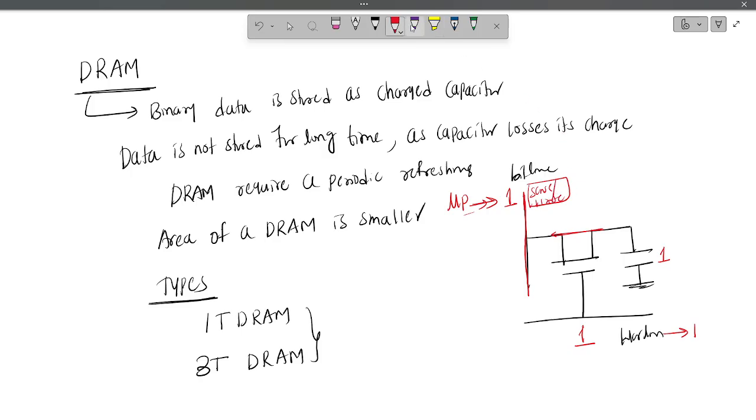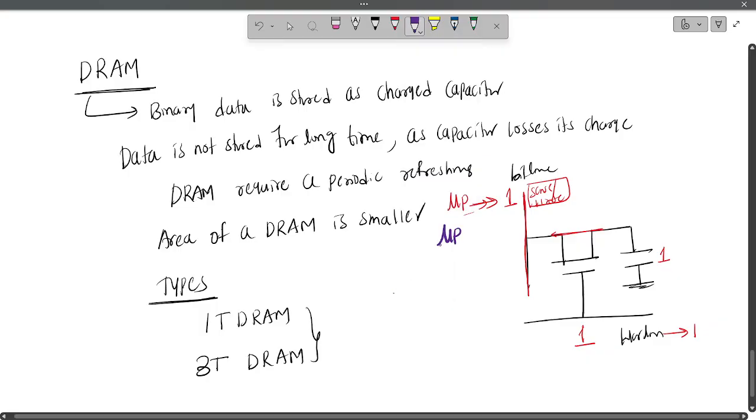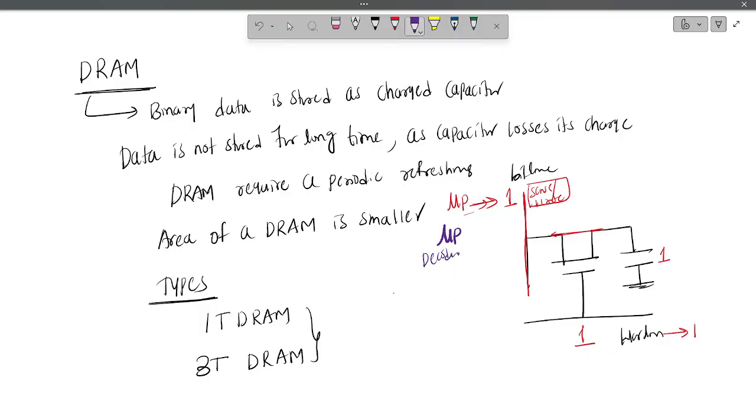For a write operation, the microprocessor will generate the address by using the decoder and activate the word line. Suppose it wants to write a zero value: through the sense write circuit, when the word line is activated, this transistor is shorted and it sends the zero value, so the capacitor will discharge.